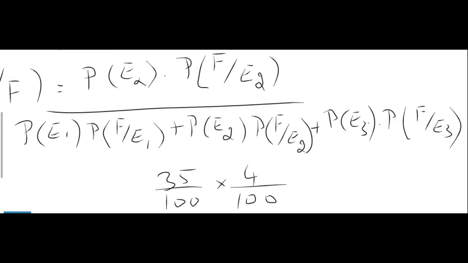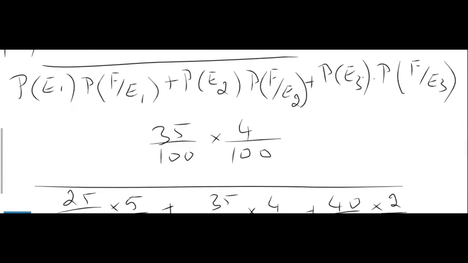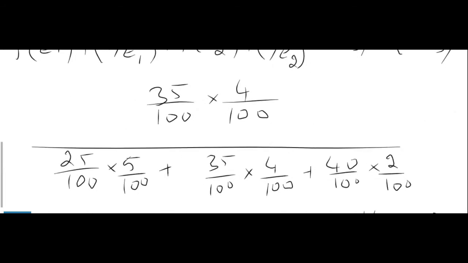Now having known all the values, we can quickly substitute. So 35 by 100 into 4 by 100 divided by 25 by 100 into 5 by 100 plus 35 by 100 into 4 by 100 plus 40 by 100 into 2 by 100.